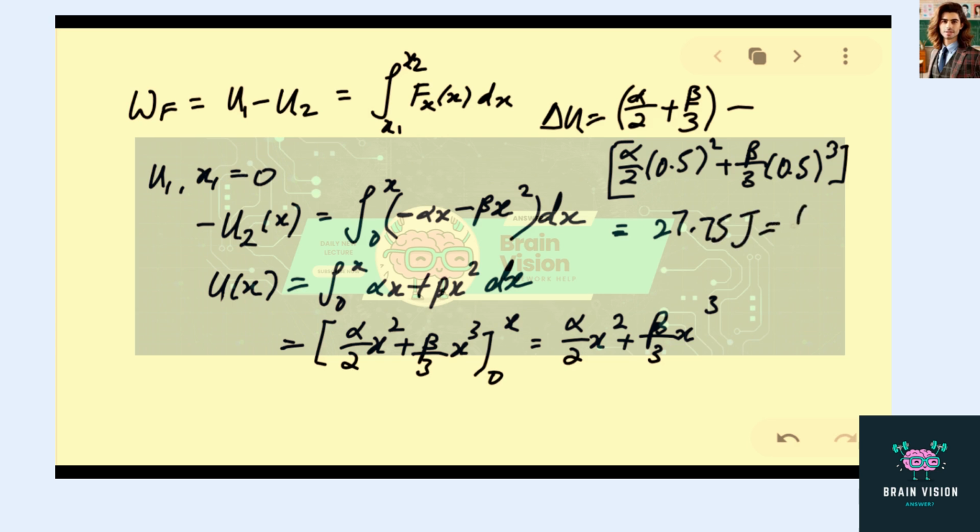This must be equal to the kinetic energy of our object. And given that the object is 0.9 kilograms, we just have to divide by the mass and take the square root to get the velocity to be 7.85 meters per second.